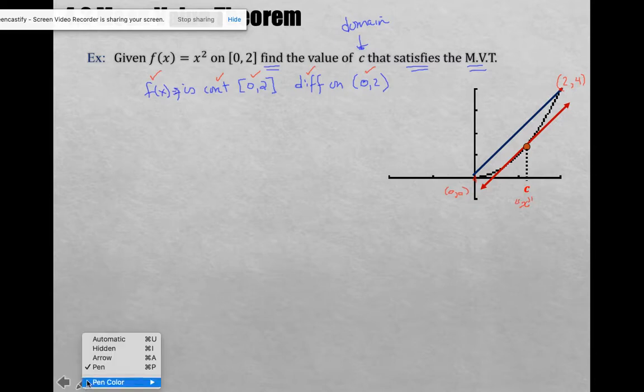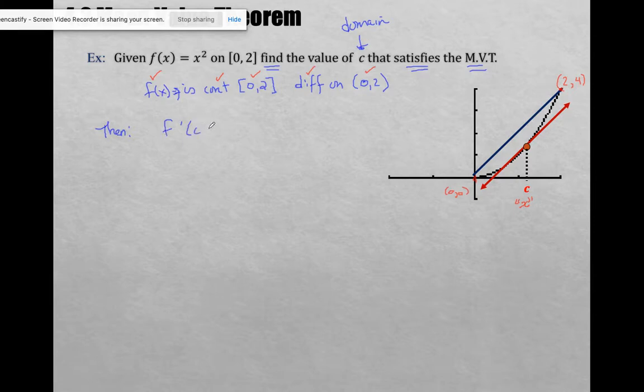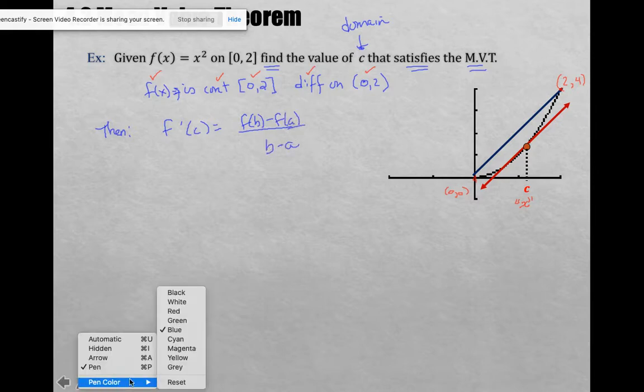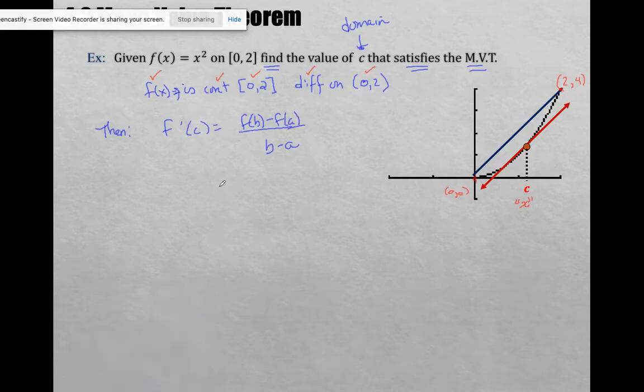So since I have satisfied the conditions of the mean value theorem, then I can write this statement. Calculus is equal to algebra 1. No, I don't care if you write that out. You can go directly to this. Right?